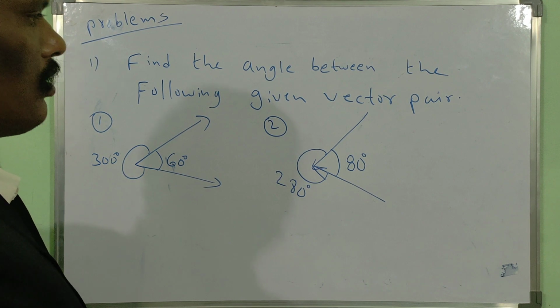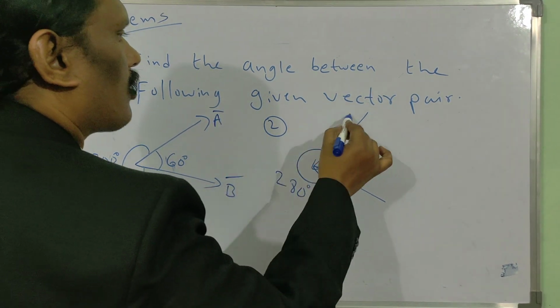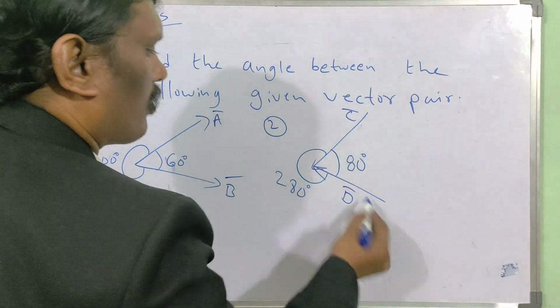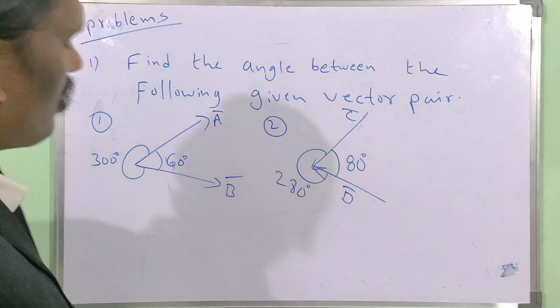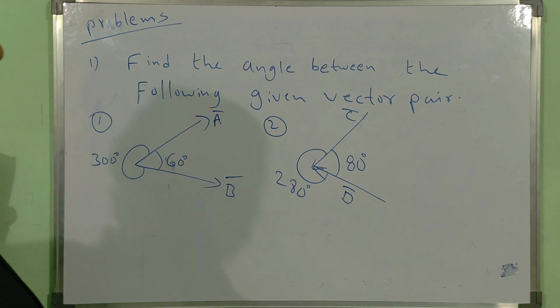What is the angle between the two vectors? Here this is vector A bar, B bar. This is vector C bar, this is vector D bar. What is the angle between vector C bar and D bar? What is the angle between vector A bar and B bar? Calculate. Pause the video and do it yourself.